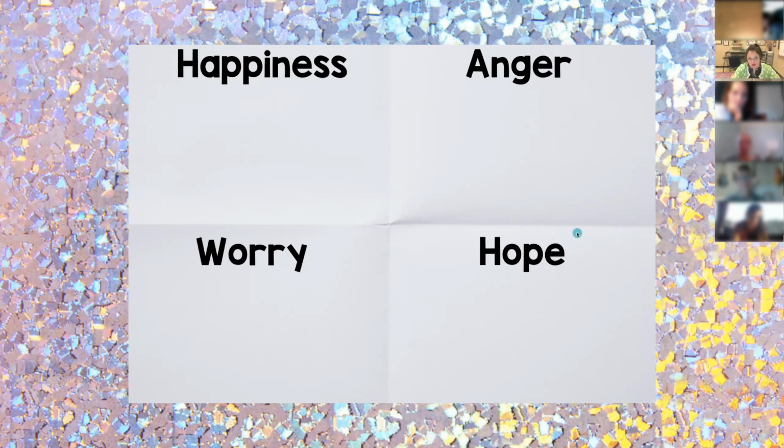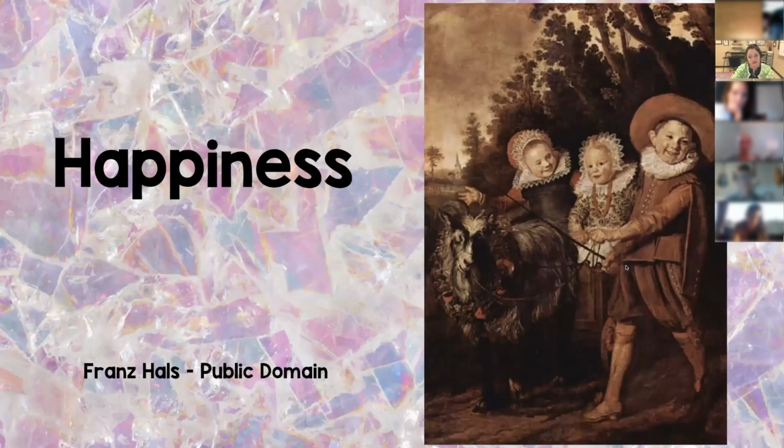So you're going to look at the artwork. The first one is happiness. If you want to try to draw the things, you can, or you can just make a list of what you see. I want you to make a list of what you see that makes you think about happiness. So look in this artwork. How does this picture represent happiness? You understand?